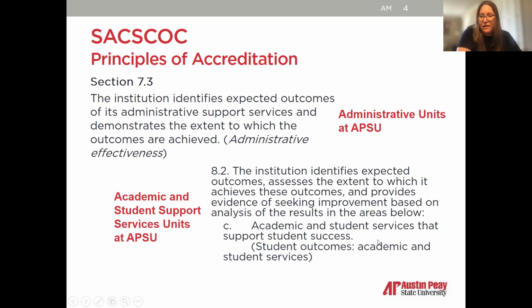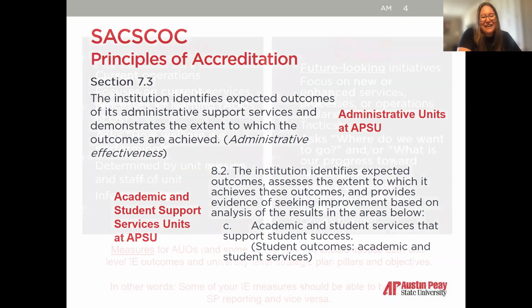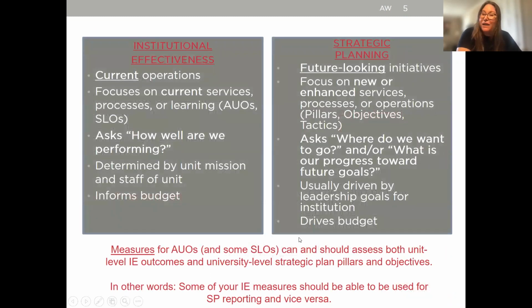So we have a good group of people here today. If you're interested in those, I would encourage you to read the SAC-COC Principles of Accreditation. It's a riveting read. But that kind of guides us with the compliance part of the IE process. And Amanda, you take over for the strategic planning part.